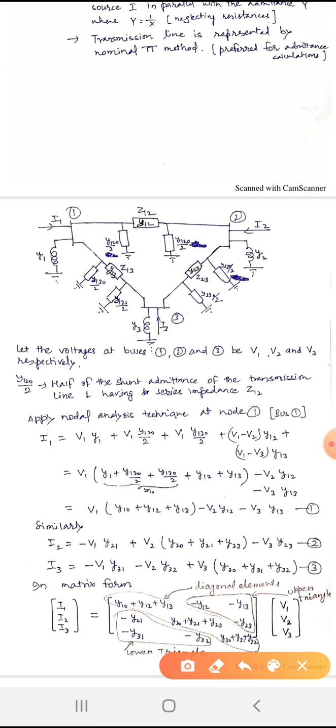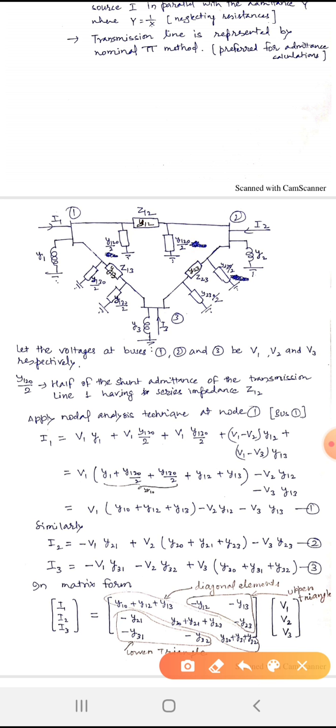And as we have to show the transmission line, we have to represent the transmission line by its nominal pi model. So we have to show the shunt admittances also. So if Y120 is the shunt admittance for line 1 and 2, so Y120 by 2 and Y120 by 2, these two on either side of Y12 are the half of the shunt admittance of the line between 1 and 2.